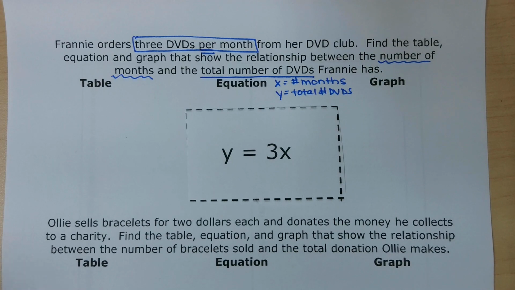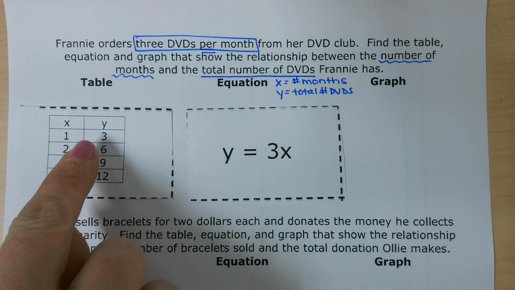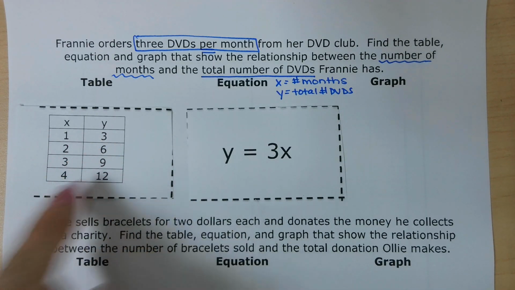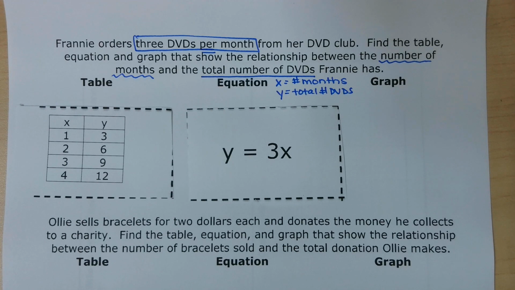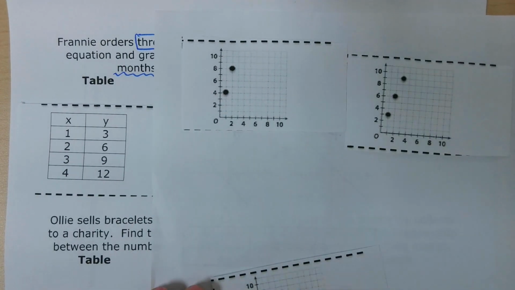All right, so then we look between our tables and we see that this is the one that represents a pattern of times 3. So 1 times 3 is 3, 2 times 3 is 6, 3 times 3 is 9, and 4 times 3 is 12. And then you take your remaining graphs and you find which one we would use. Okay, let me get them up here.